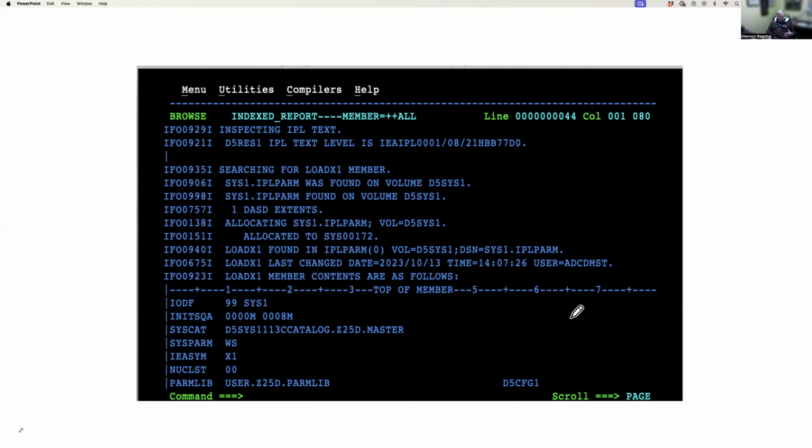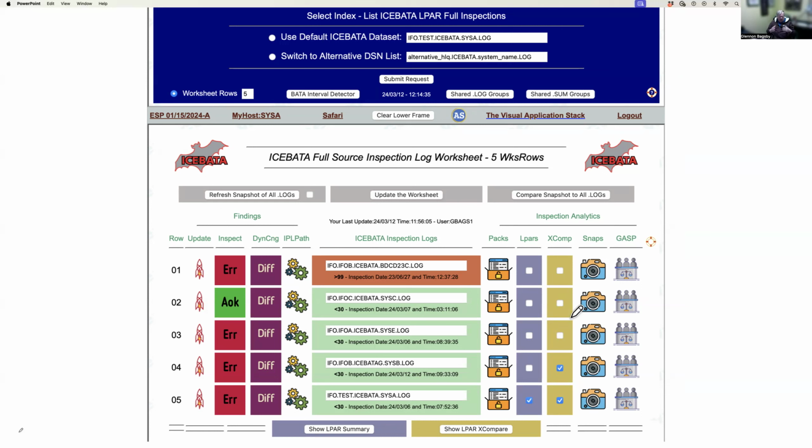Pulling these logs together into a central location with a graphical interface is what ICEDirect does. It allows you to centralize them, putting together any number from 1 to 99 different copies of logs from different LPARs.